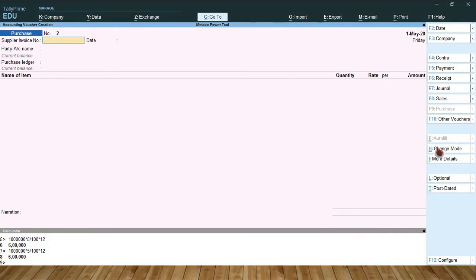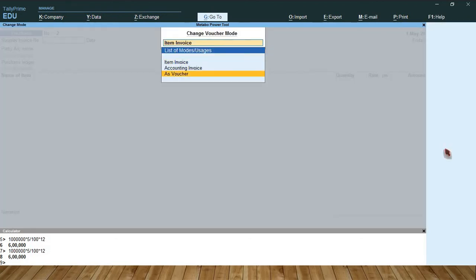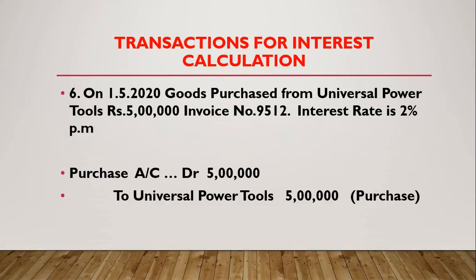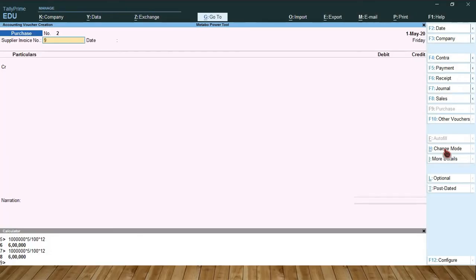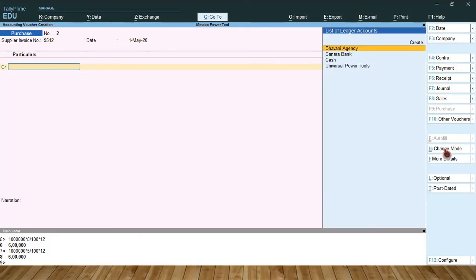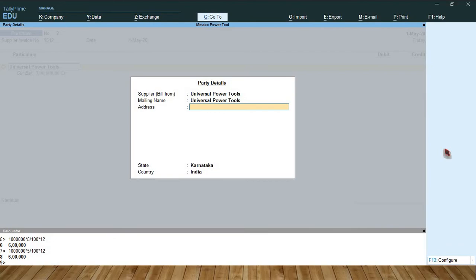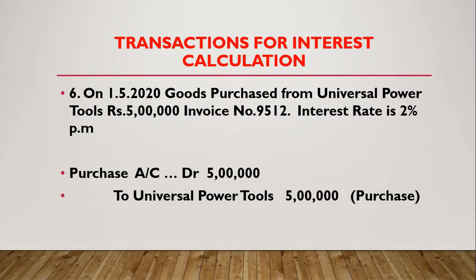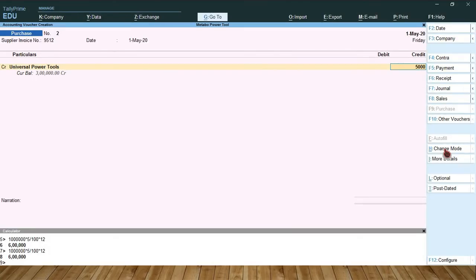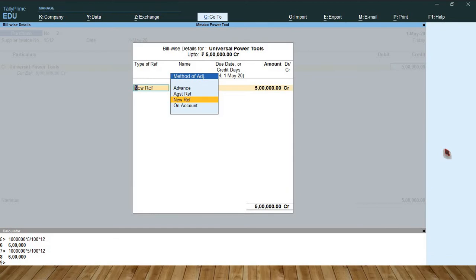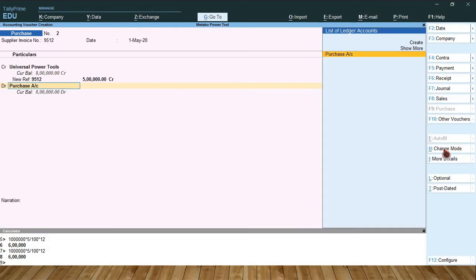So this is invoice mode. Change the mode as voucher. So invoice number 9512. So Universal Power Tools. So amount is 5 lakh. New reference, purchase account.